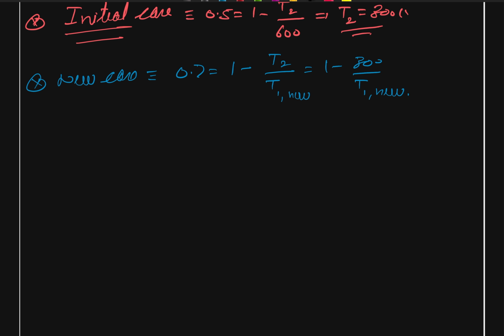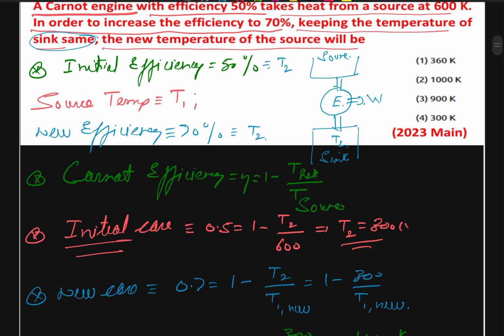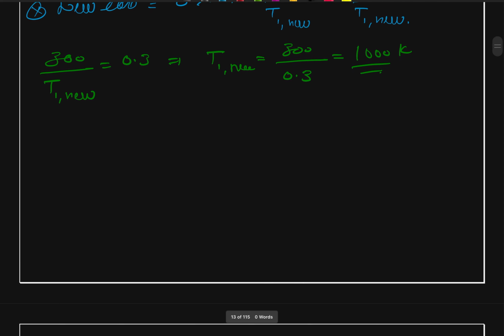From here we get that 300 upon T1 new will be equal to 1 minus 0.7, that is 0.3, or T1 new will be equal to 300 divided by 0.3, and this will be 1000 Kelvin. So the new temperature will be 1000 Kelvin. Option 2 is correct.